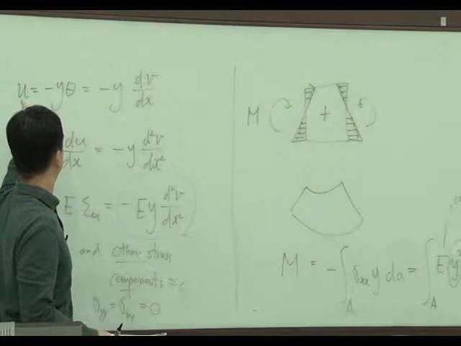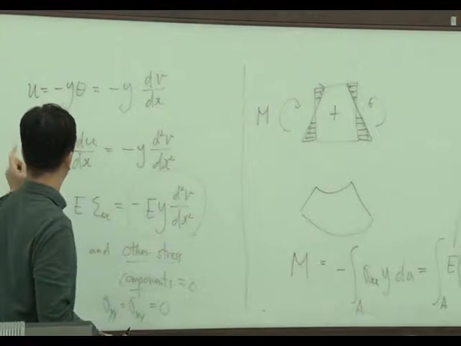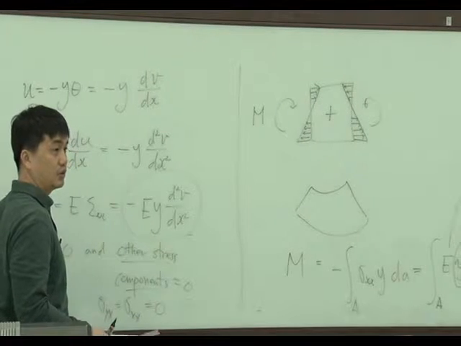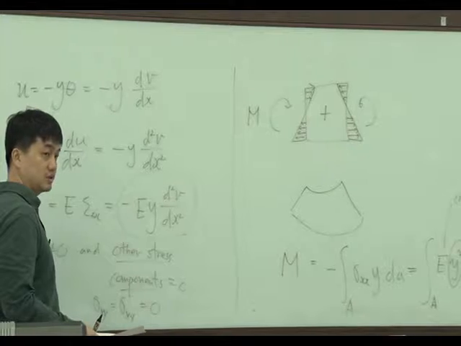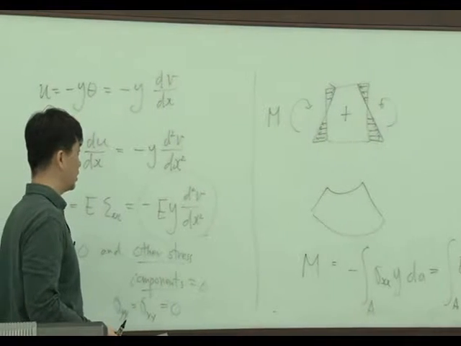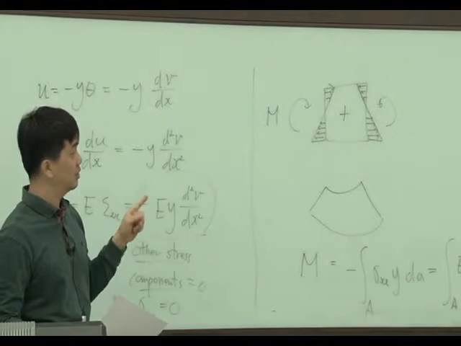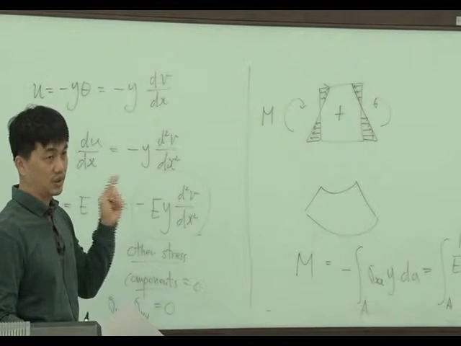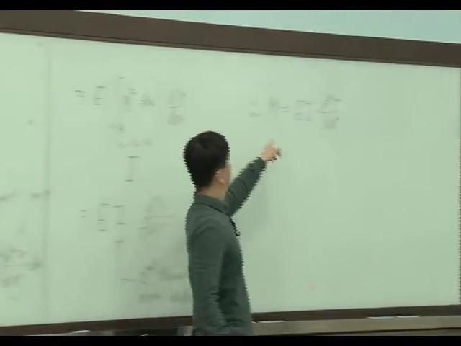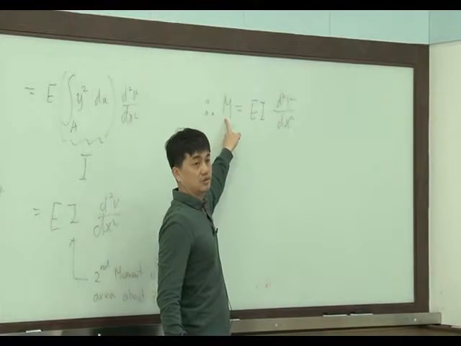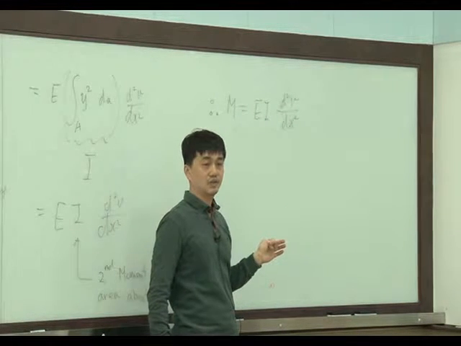From this assumed displacement field, we calculate strain, and then we use the material law, so we can calculate stress. Then we integrate that stress on the cross section and find the moment. So to find this result, we use the material law and the strain-displacement relation, right?